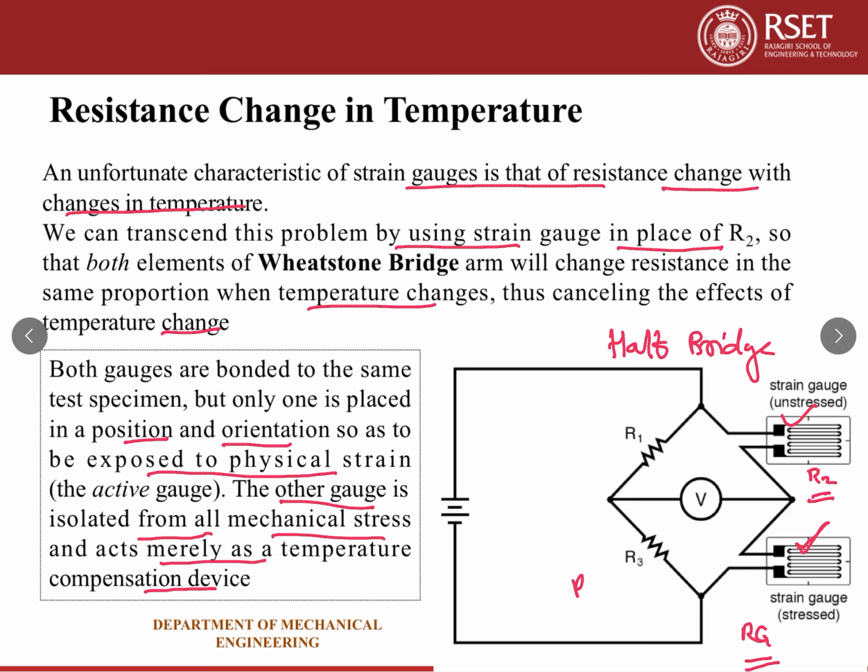So R2 by Rg with change in temperature will be constant. So this method is used to compensate for the change in resistance of the strain gauge with the change in temperature.